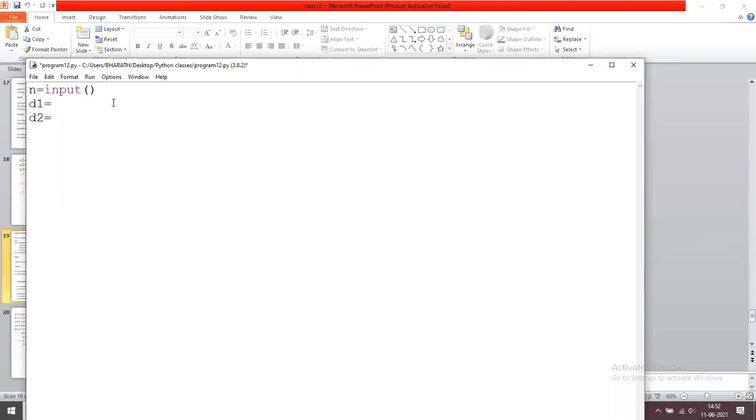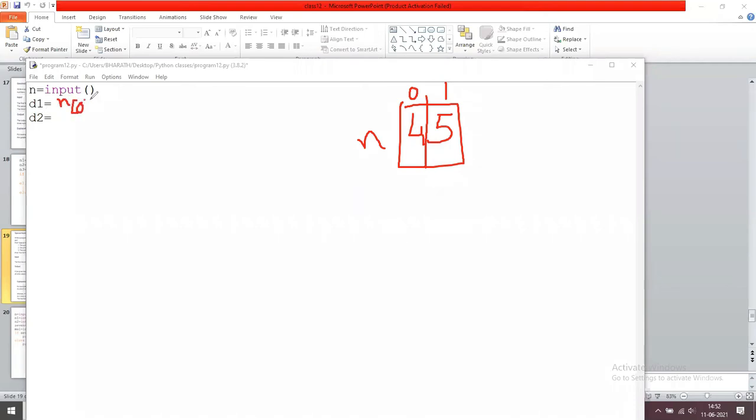For example, I read 45. This is the string format, so this is n, this is the 0th index, this is the first index. In d1, I am going to store n of 0, and in d2, n of 1, and these are in string format.